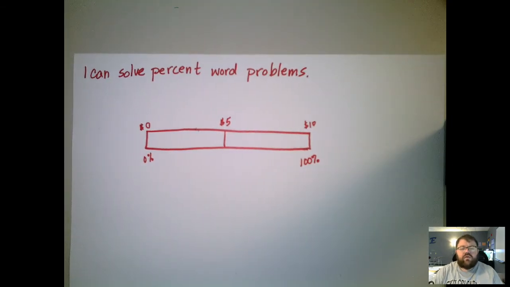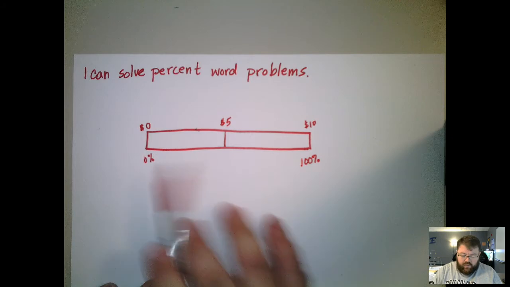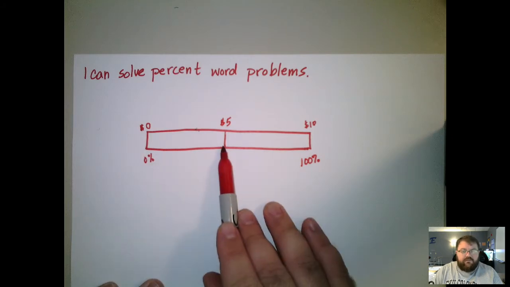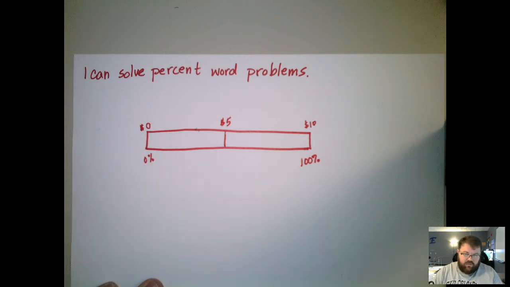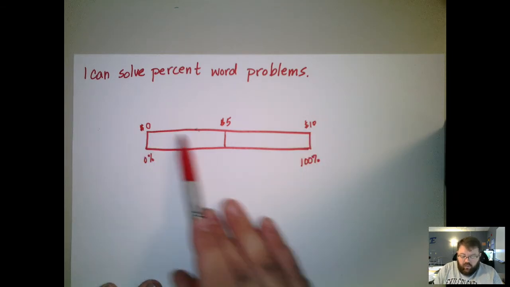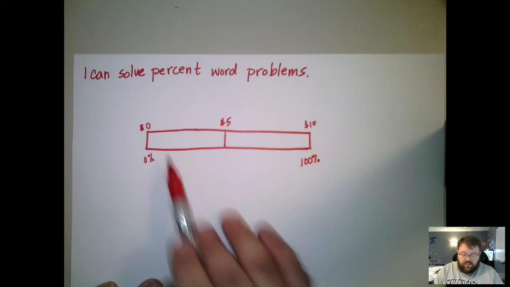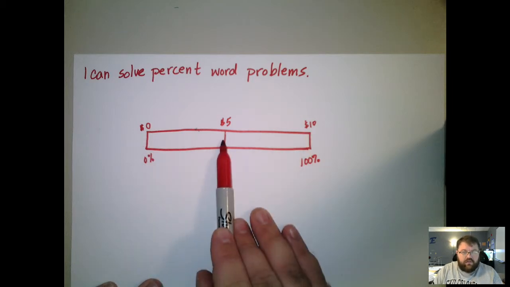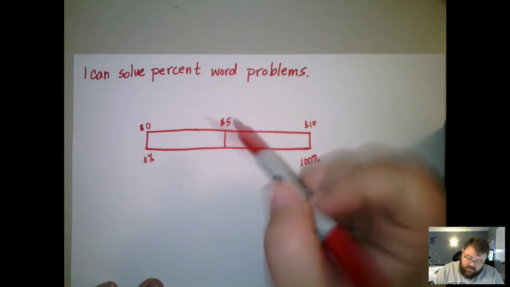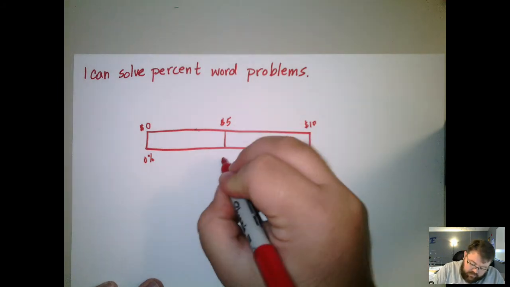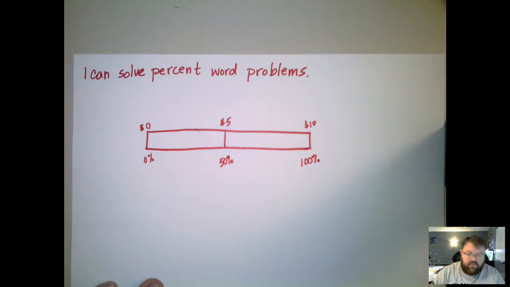Now, percentage-wise, what is $5 in comparison to 10? Because remember, this whole thing is 10. This is only part of it. So the part is 50%. Okay?